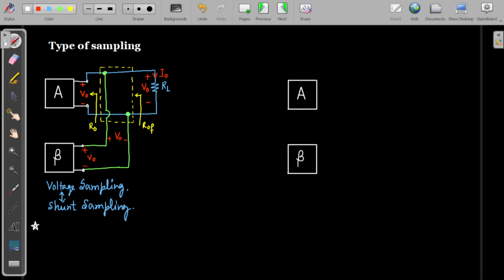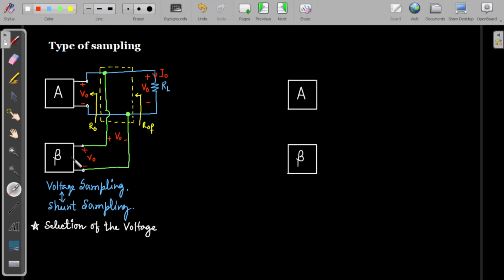Selection of the voltage मतलब selection of the voltage. Selection of the voltage means the output voltage of the basic amplifier has been selected and taken to the input to the feedback path. Okay, that's why it is called the selection of the voltage.